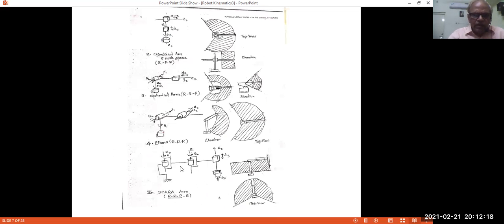Similarly, for other configurations, you have a cylindrical arm, actually a rotary prismatic chain of joints is called a cylindrical arm. If you look at the plan view of the workspace, it can rotate maybe some 300 degrees around. And there's a vertical movement, this movement and this movement provide the elevation.